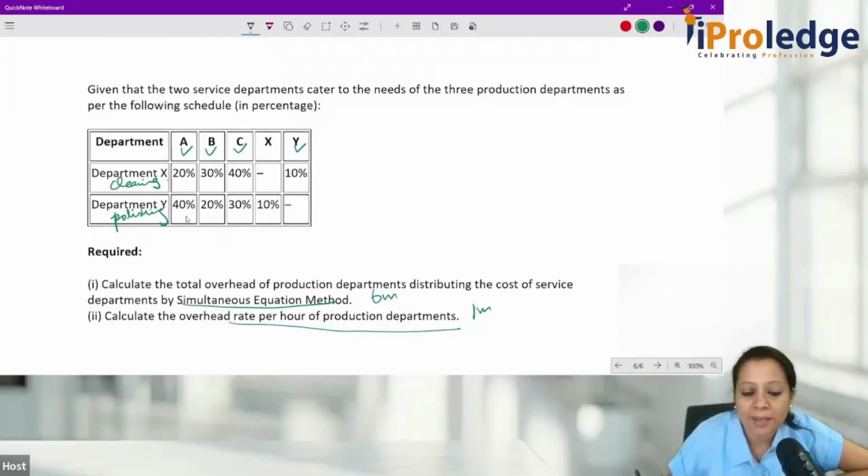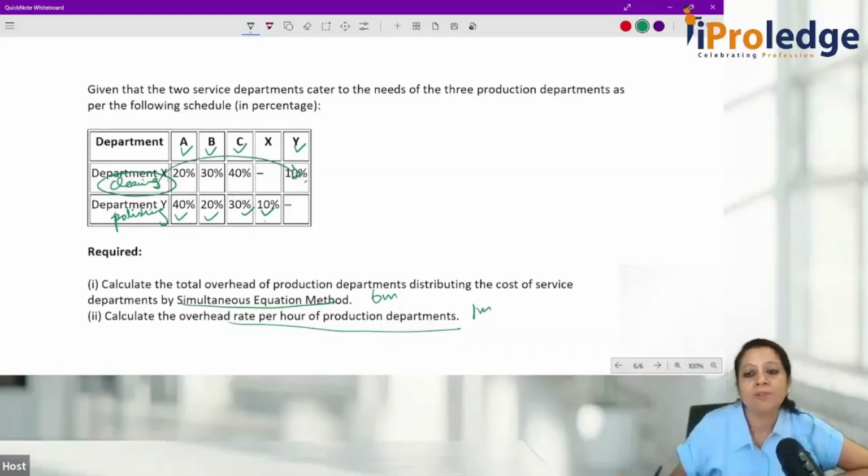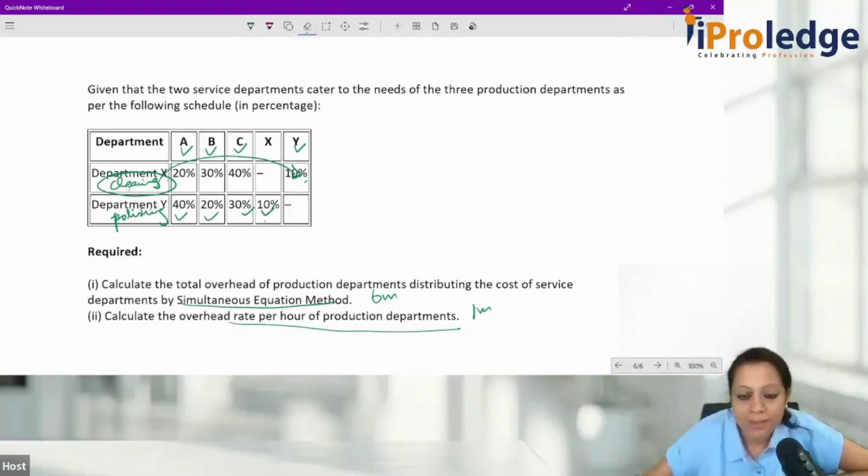Same way, polishing department or painting department, they will paint for A, B, and C. Also, cleaning department has to be painted, say for example. So that is what this 10% and 10% is. Clearly I'm saying cleaning department is also providing 10% of its allocation to the other department, that is polishing department. So in that way, you should understand by reading the question. Okay. Now let us see how to frame the equations.